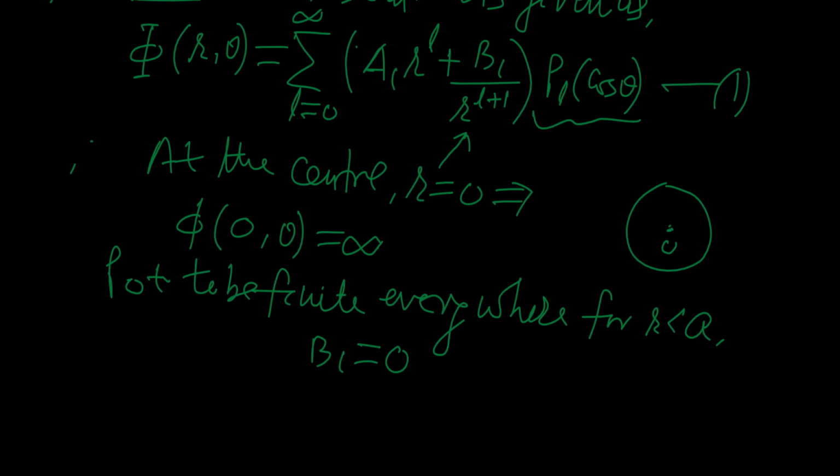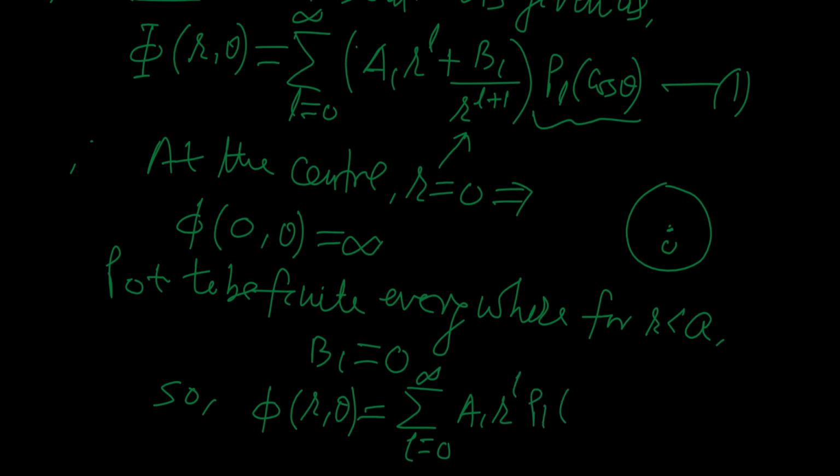Equation 1 then becomes phi of r theta equal to summation over L equal to 0 to infinity AL r to the power L into PL of cos theta.